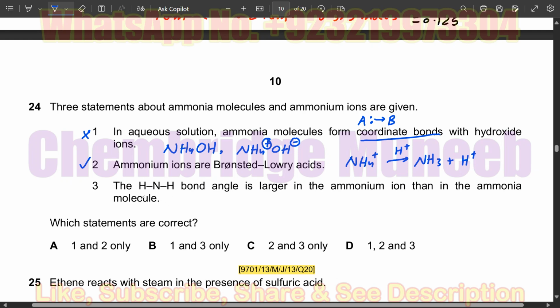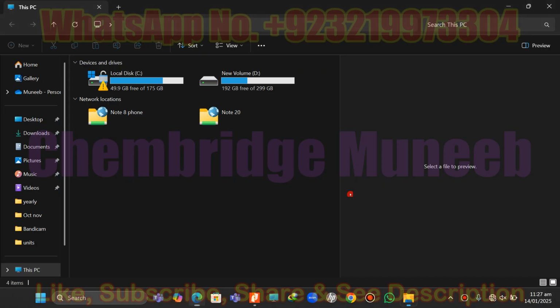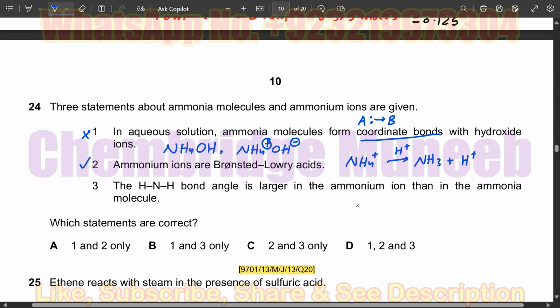Number three, the HNH bond angle is larger in the ammonium ion than in the ammonia molecule. Okay, bond angle. Ammonium ion structure is given, and we can see here that it is of the tetrahedral structure, and within tetrahedral structure the angle is 109.5 degree. I can write the structure here.